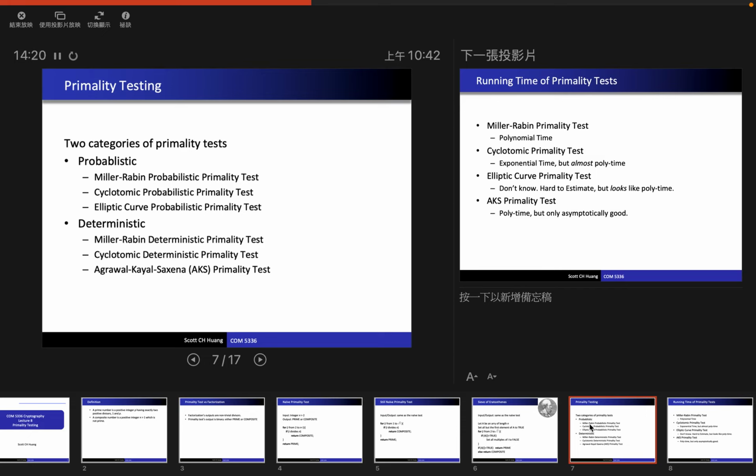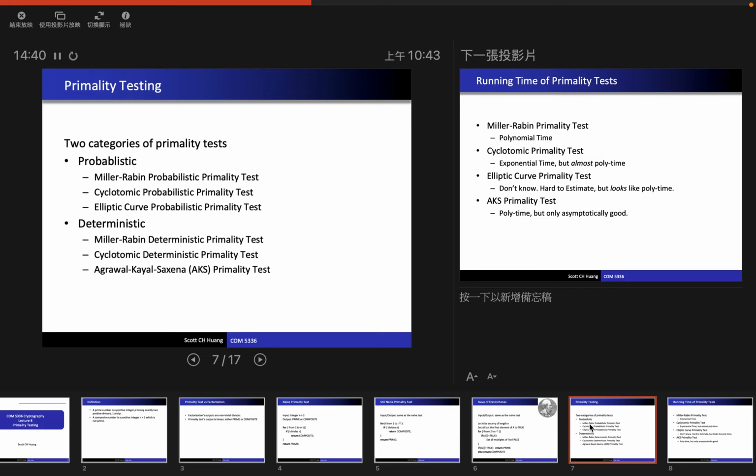The probabilistic method is all probabilistic, and these algorithms run fast. The most recent one is called AKS. This was proposed when I was a student at the University of Minnesota.